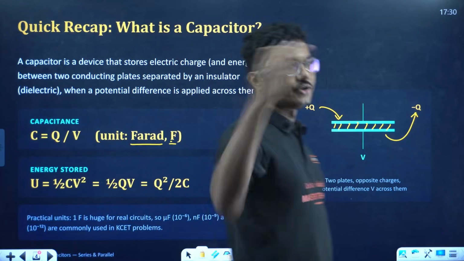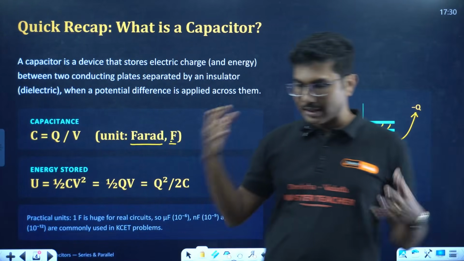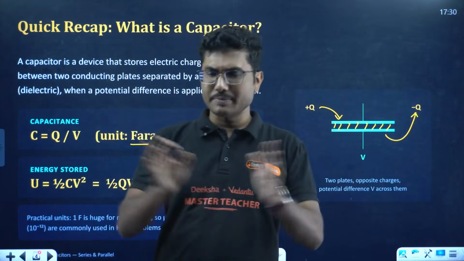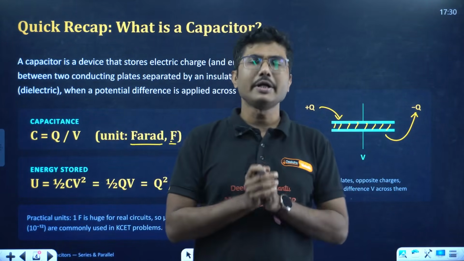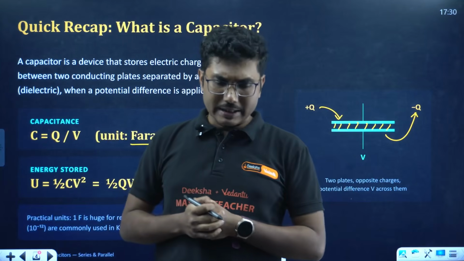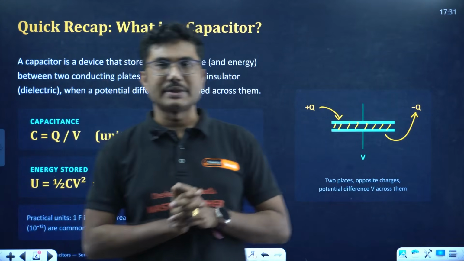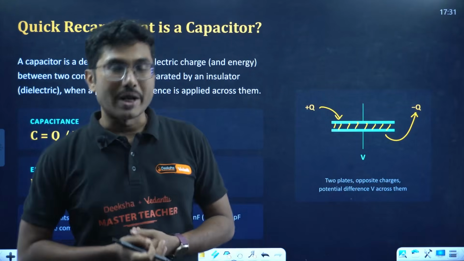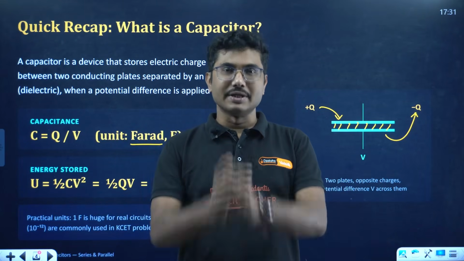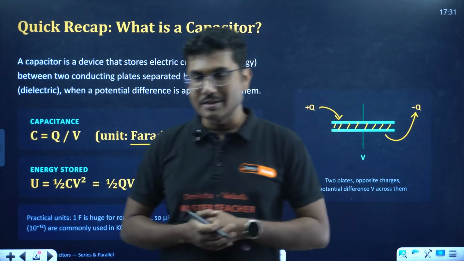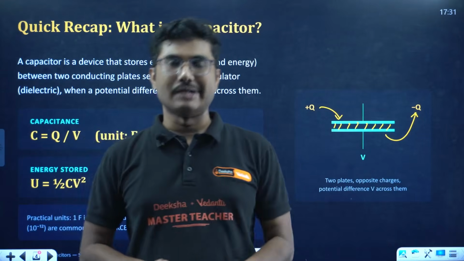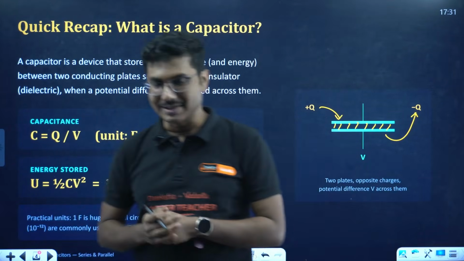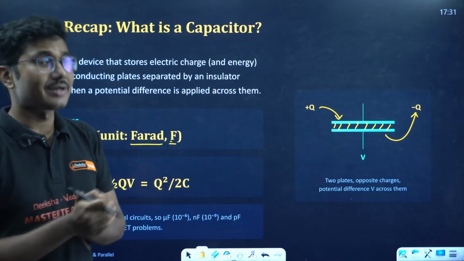If you want to develop a spherical capacitor which has a capacitance of 1 farad, the size of that sphere will be much bigger than the size of the earth itself. It will cover the entire earth, just to give you an idea. So farad is a huge unit.